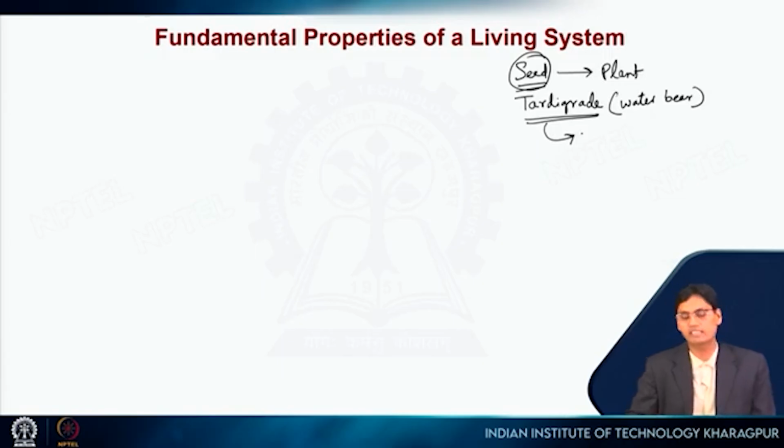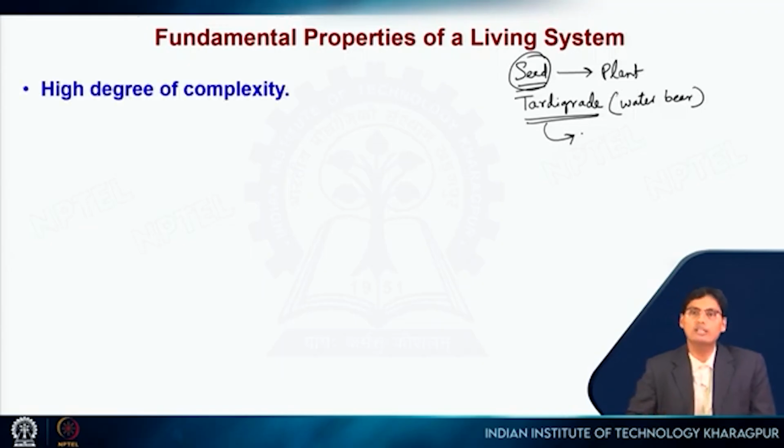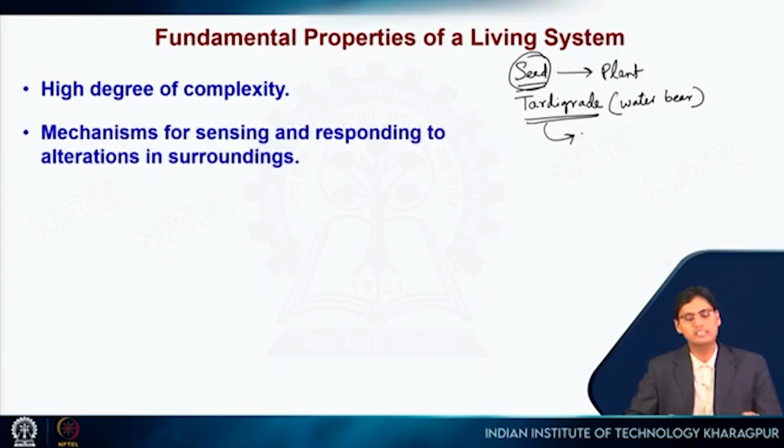So, let us discuss those fundamental properties rather than defining what life is. First of all, it is a very complex thing. A high degree of complexity should be there in a living system. And then, mechanisms for sensing and responding to alterations in the surroundings. This is also true for all living entities.